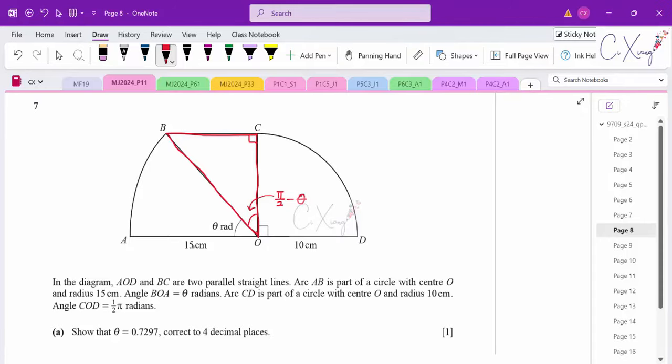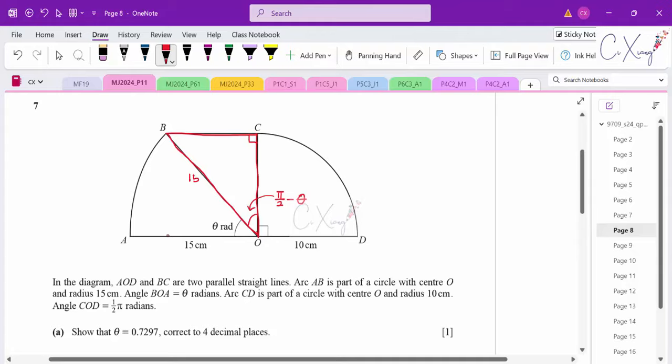After that, I know that 15 is the radius of the sector BOA. So OA and OB basically have the same length because they are both the radius of the circle. Then what about OC? OC and OD should be the same because they are both the radius of the circle as well, so it is 10.